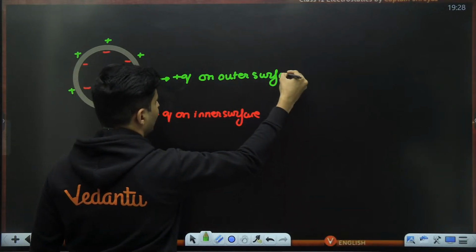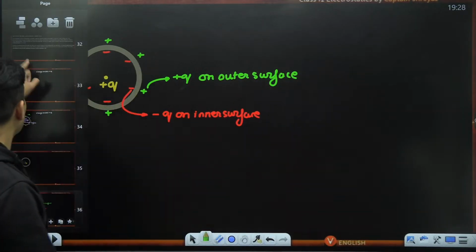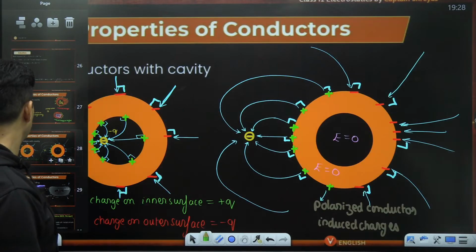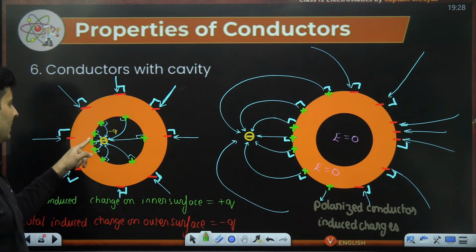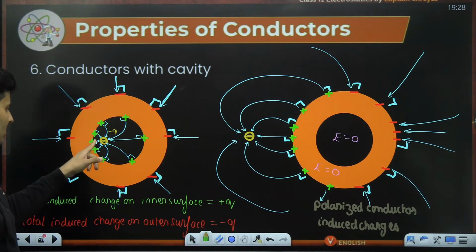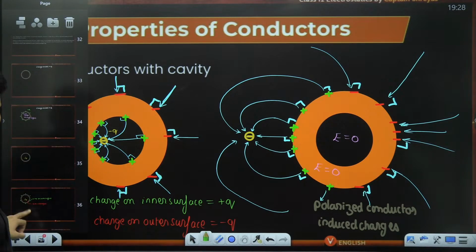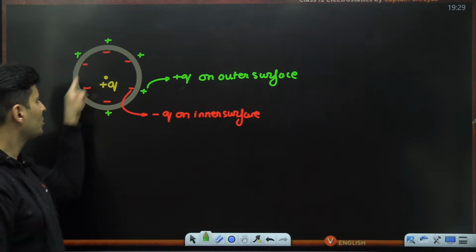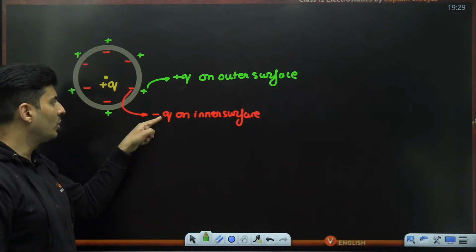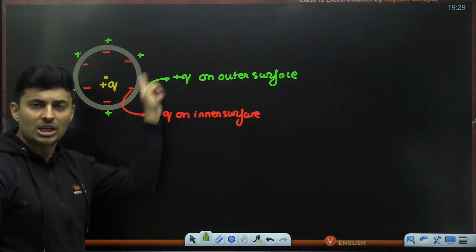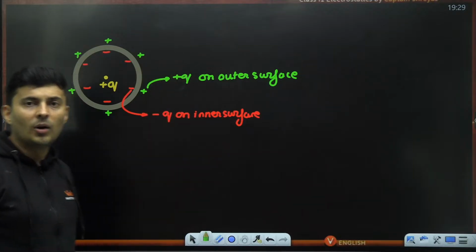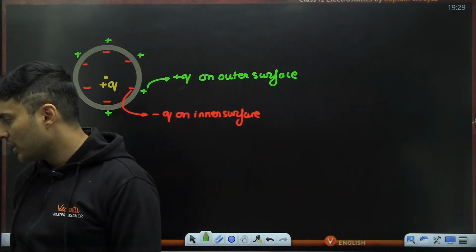This is just like this particular question, where you had a charge inside, it creates an induced charge and again an induced charge. The difference is that now the charge is placed symmetrically, so all the charge distribution will also be symmetrical. So a negative, equal amount of charge, and by conservation of charge, you will see a plus Q on the outer surface. Is that clear, my dear warriors?